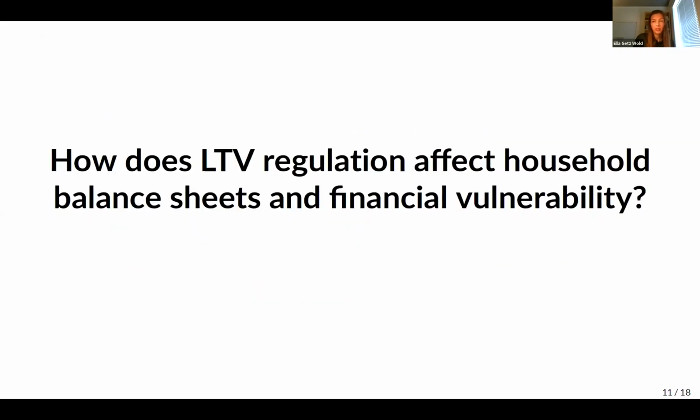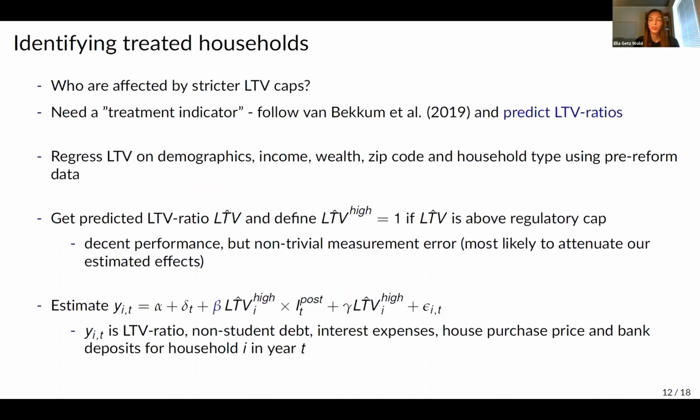So then moving on to the second part of the paper: how does LTV regulation affect household balance sheets and financial vulnerability? In order to think about this, we need to know who is affected by stricter LTV caps, or in other words, we need a treatment indicator.